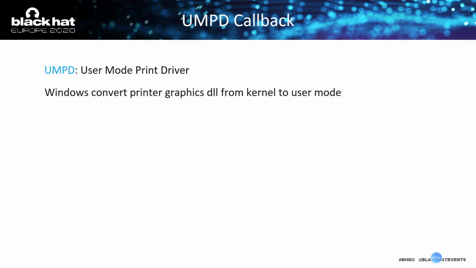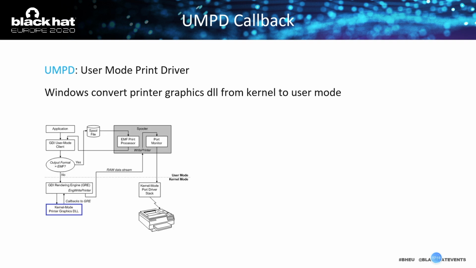What is UMPD? It means user mode print driver. As in the original design of the Windows system, print driver models are loaded into the kernel. But starting with Windows Vista, Microsoft made a big change.